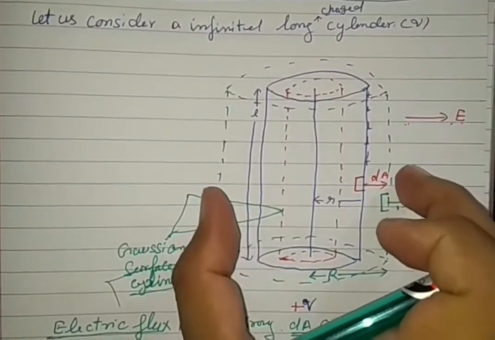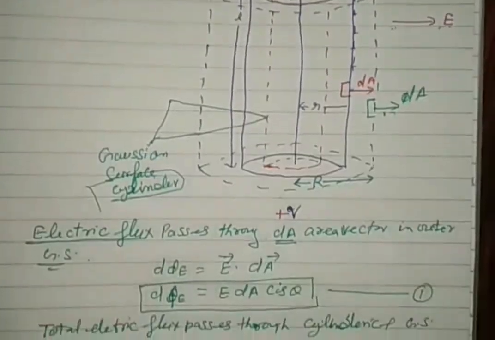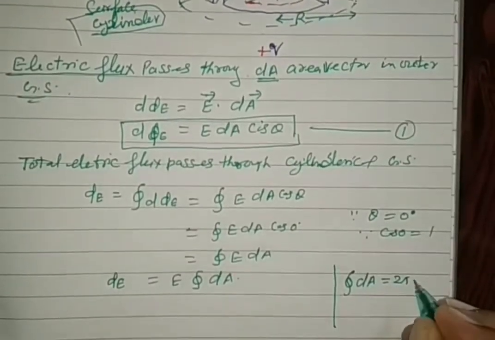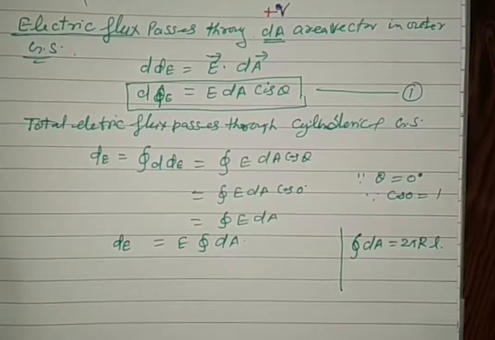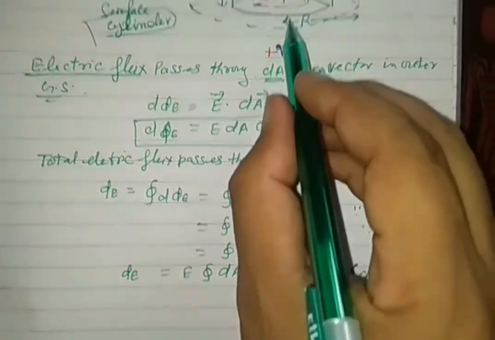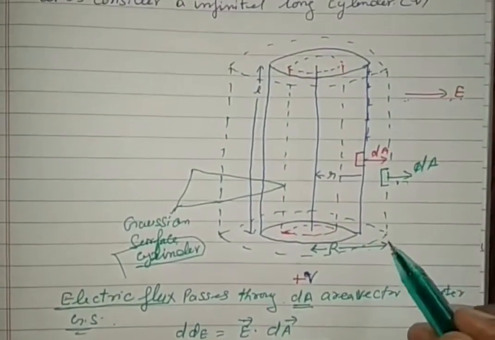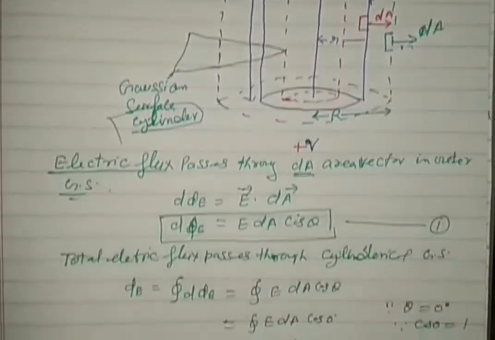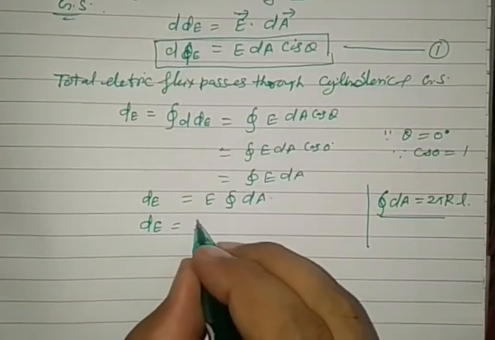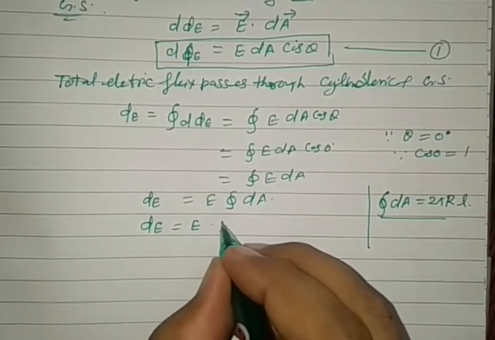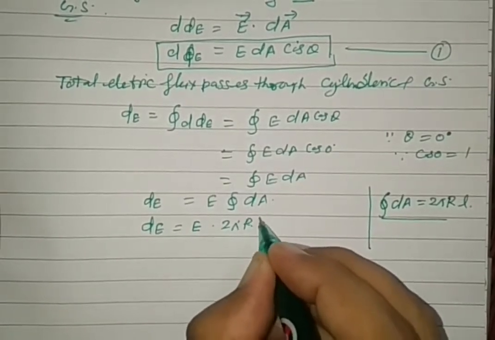It is only through the curved surface, and its total surface area is given by the formula 2 pi RL, where R is the radius and L is the length. So by writing this, Q is equal to E into 2 pi RL.